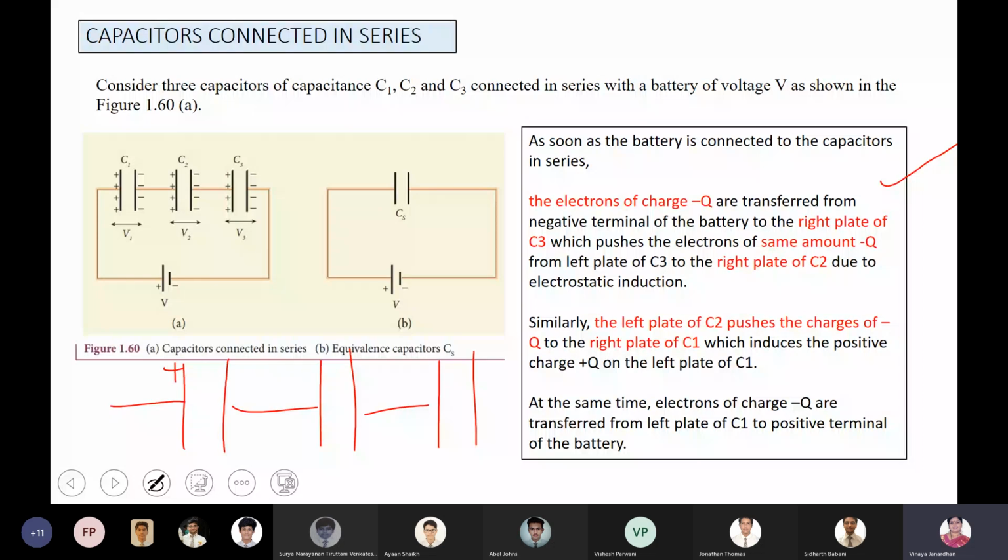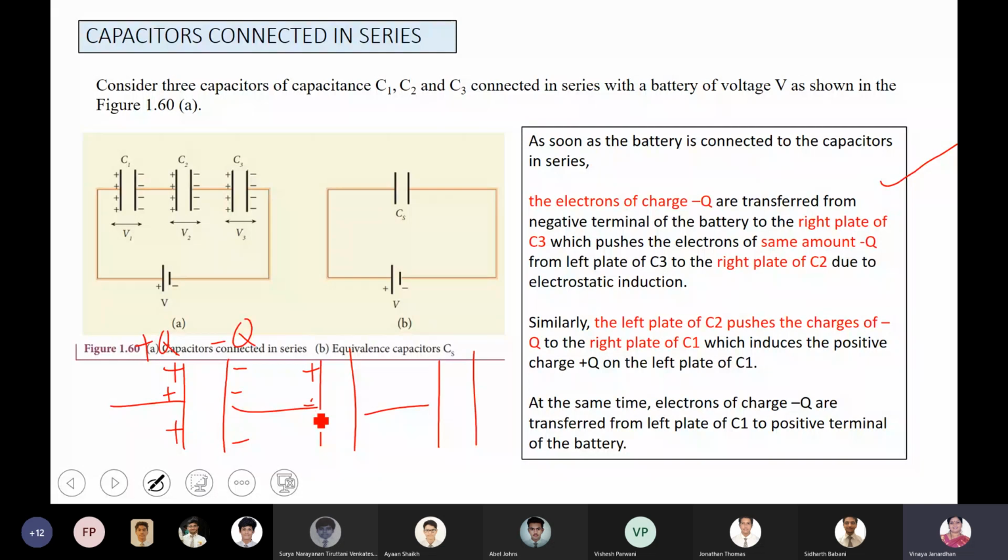So just keep in mind the charges across all the capacitors will be the same, and that's equal to Q. Something I'll give for self-study.